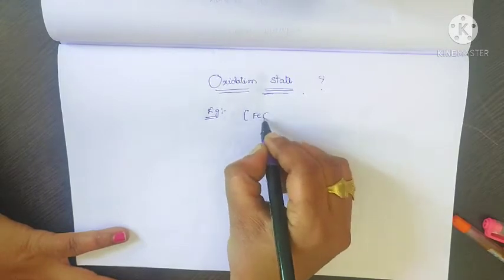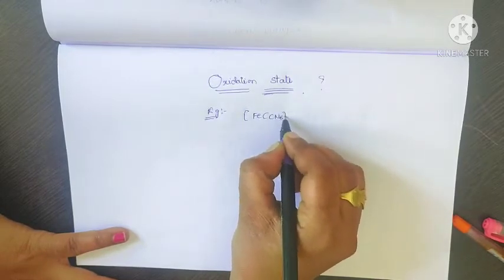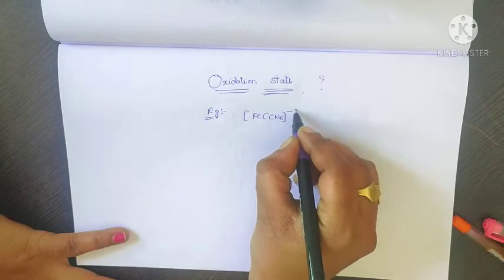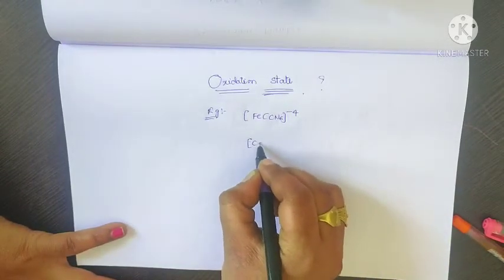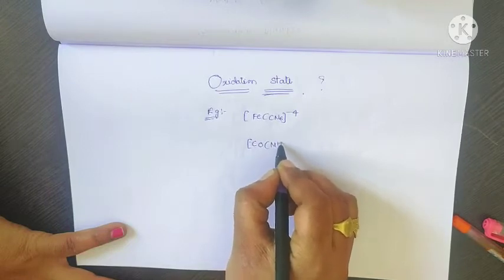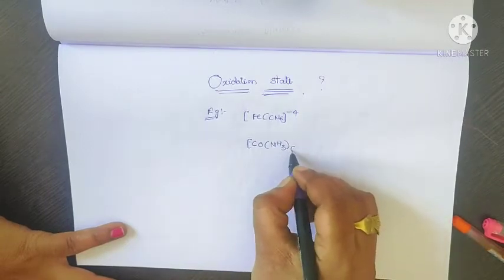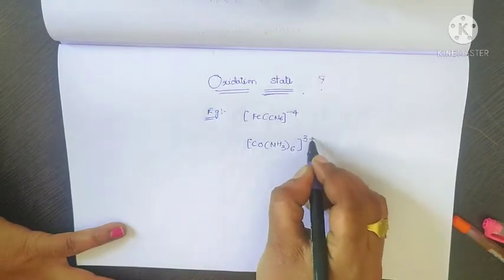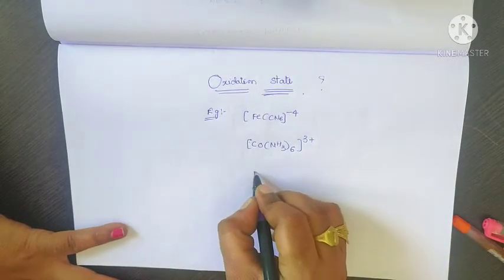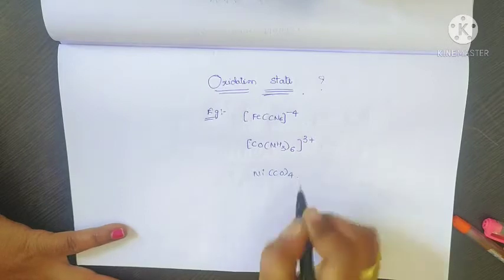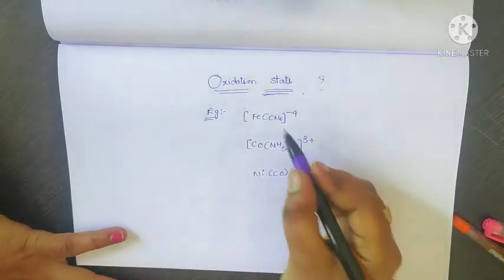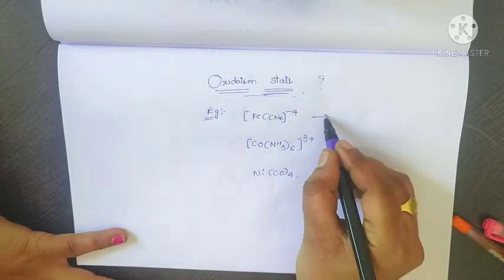Okay students, so for example, the oxidation number of given complex ions: FeCN6 4 minus, CoNH3 6 3 plus, and NiCO 4.